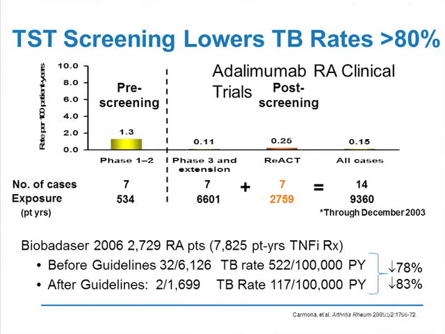After that period, which was felt to be an unacceptably high rate of developing TB, they administered the policy of testing. And you can see in 3 different ways that the reduction in actual TB events was sizable, in fact, almost 85%.